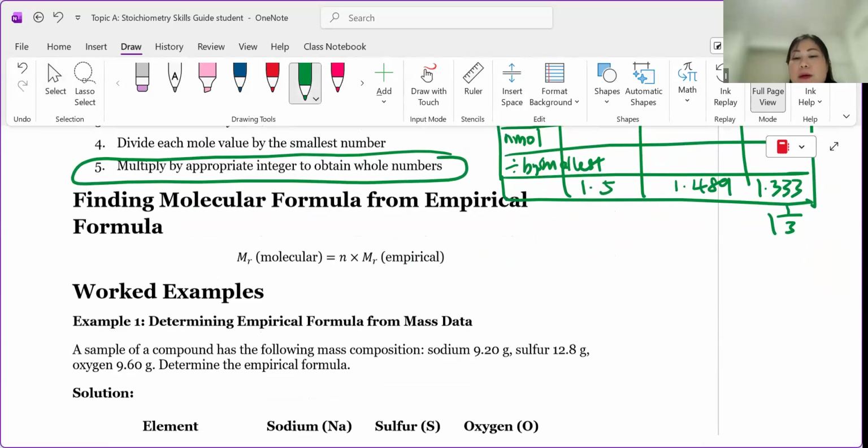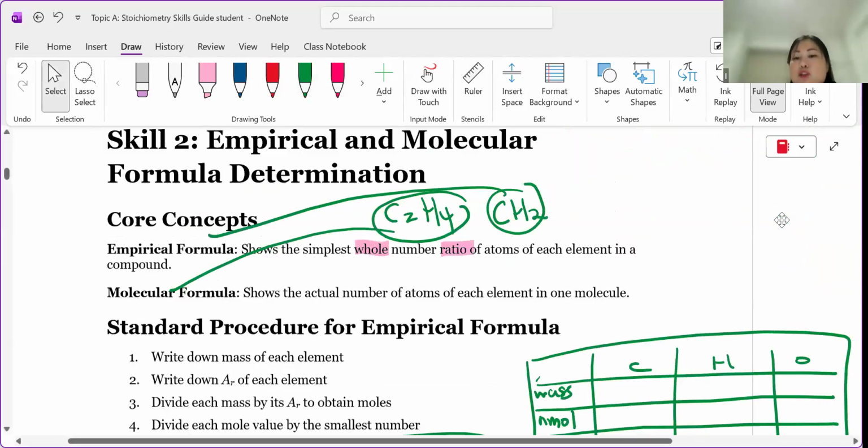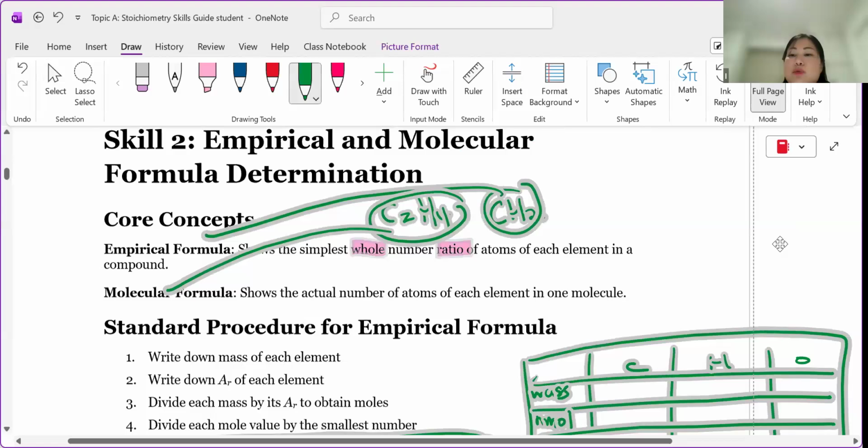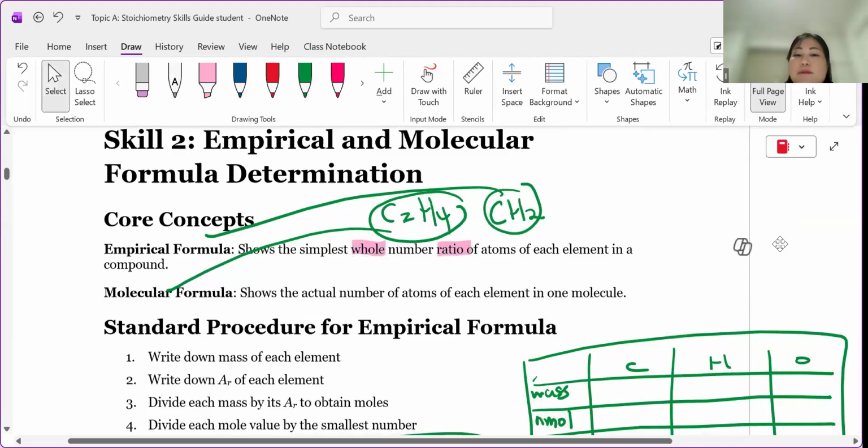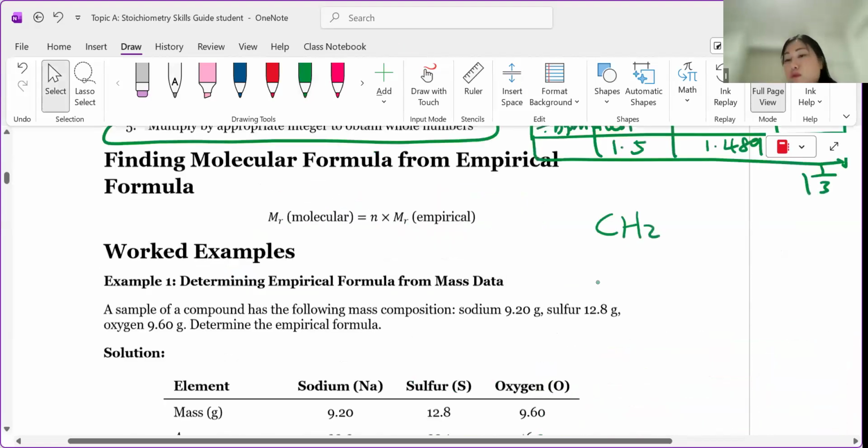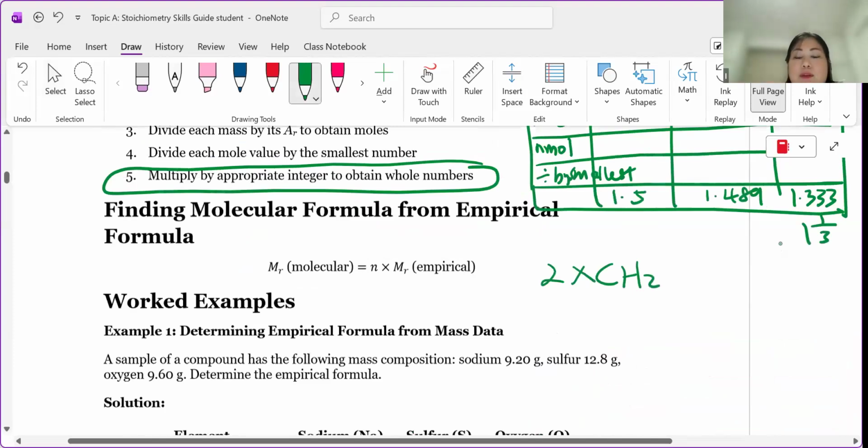Okay, so for example, in our CH2 case just now, the molecular formula is 2 sets of CH2. So that's why it's C2H4. So therefore, it will be 2 times CH2.